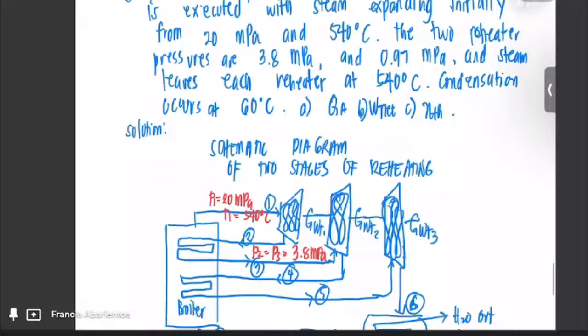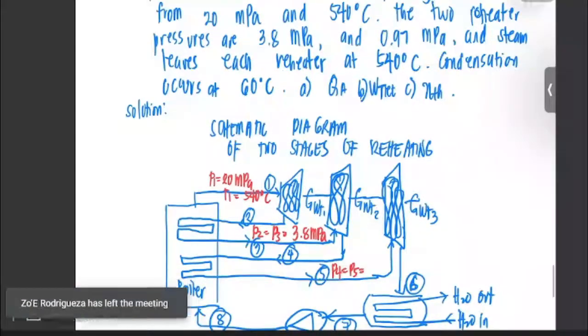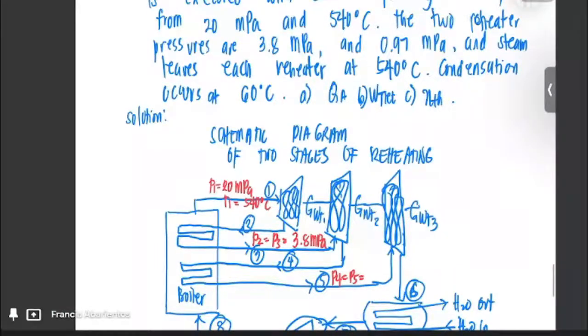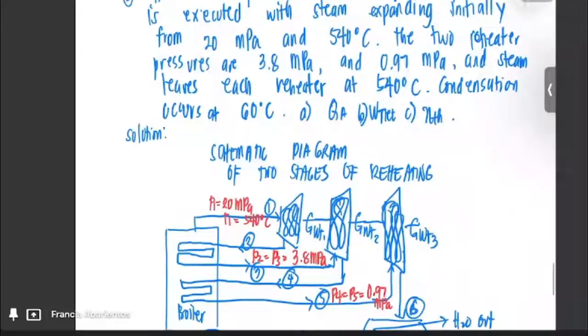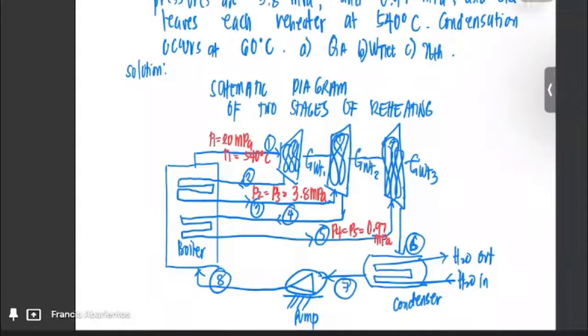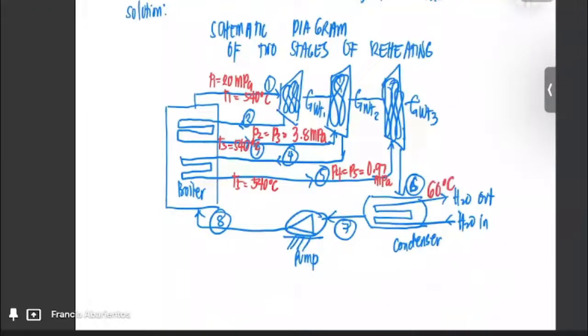And also yung pang-4 tsaka pang-5, 0.97 MPa. Steam leaves the reheater at 540, so yung T3 natin, 540, and T5 natin is 540. Condensation occurs at 60 degrees. So, yun yung parameter natin.